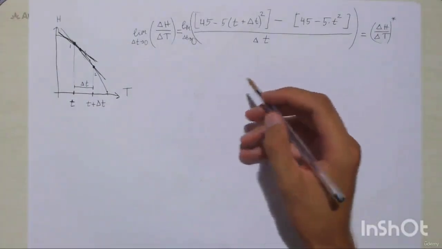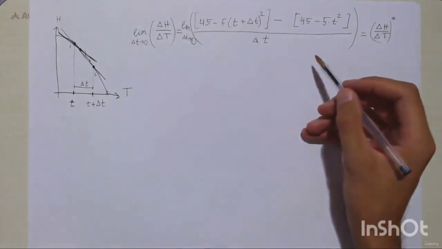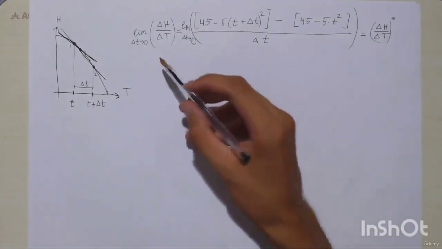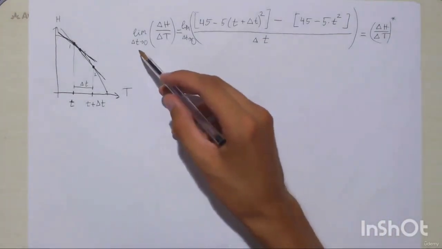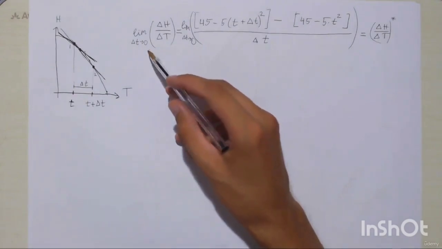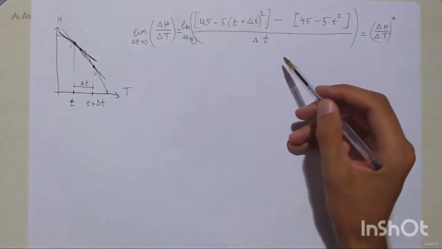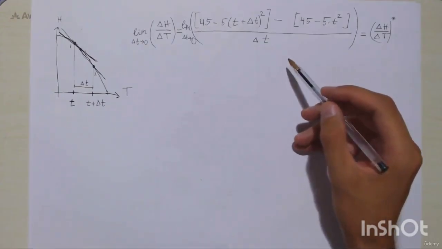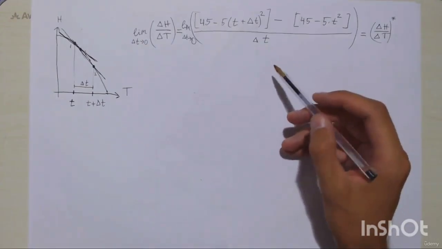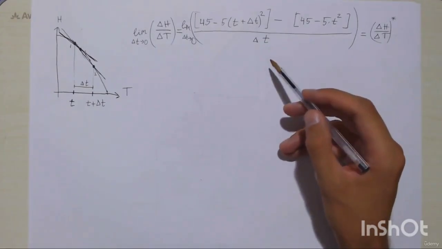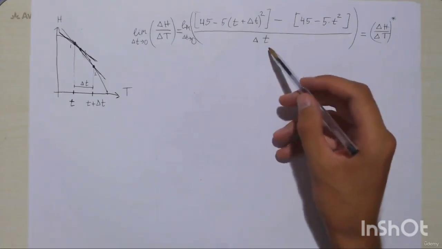To find the limit of an equation, the first step would be to take that variable, in this case delta t, and since it approaches 0, we would just put 0 inside the equation. However, then we would divide by 0, and we can't do that. So it means that we have to find a way to get rid of that denominator.